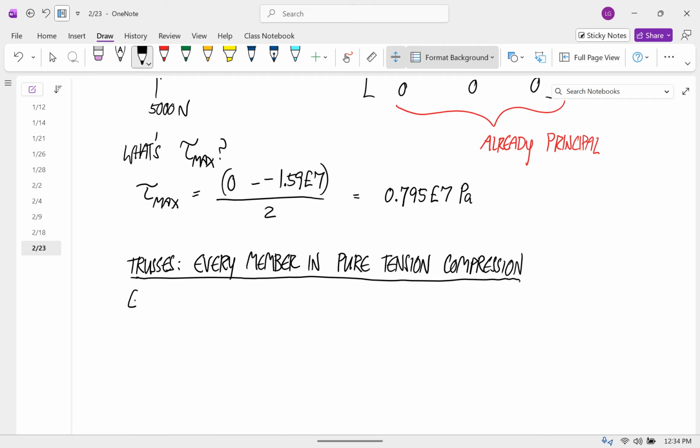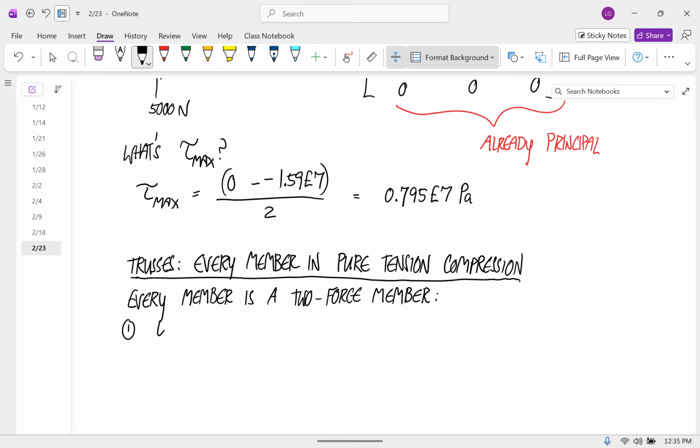So here's how I'm going to say it. For something to be a truss, every member has to be a two-force member. And that requires those two things that you just brought up.